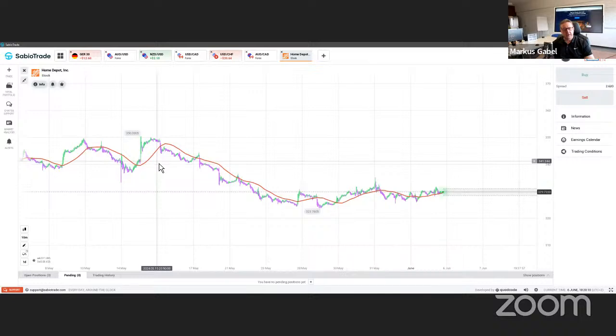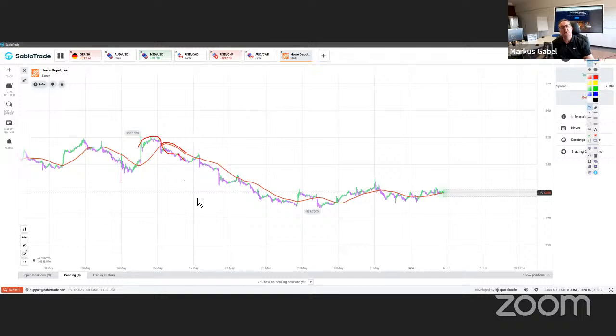But as you can see, this moving average is a lagging indicator. As you can see, for example, here right now, the price turns and goes down, and the moving average is following, which means it's a lagging indicator. So what should you do with this information?